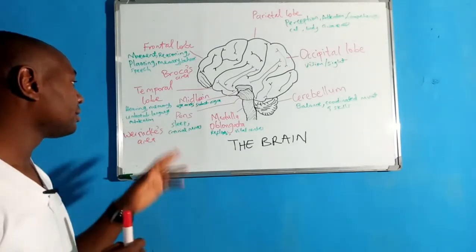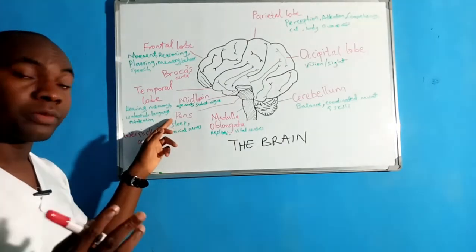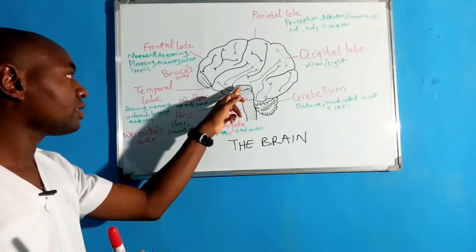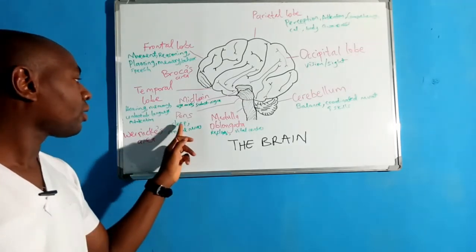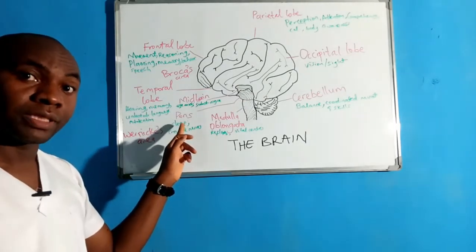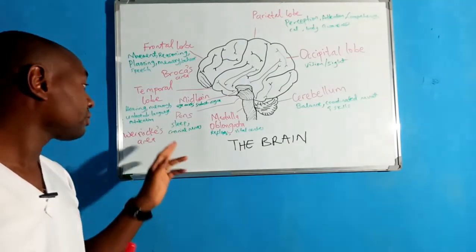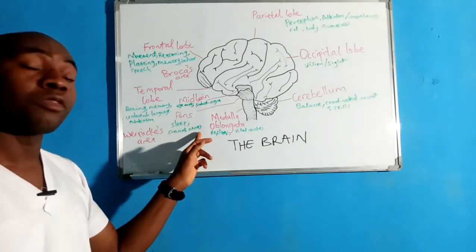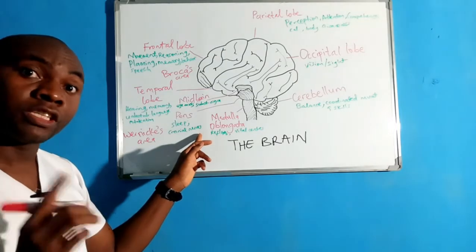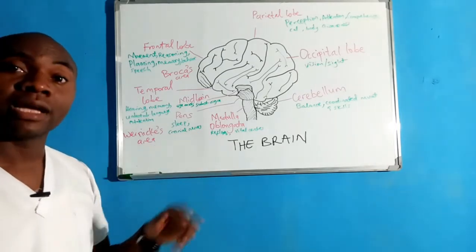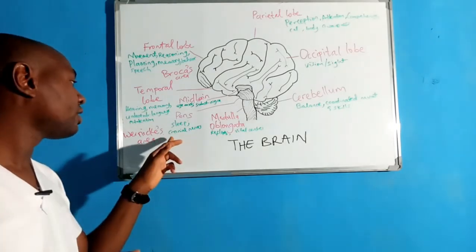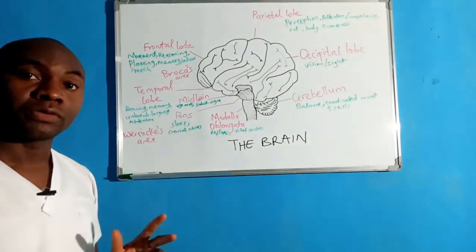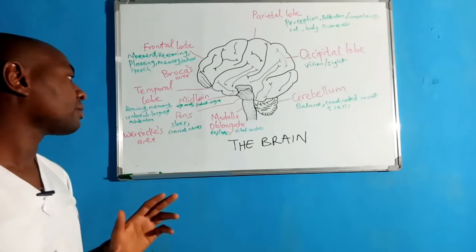Next on the list is the pons. The pons is located in between the midbrain and the medulla oblongata. The pons helps us control our sleep cycles. It also consists of some of the origination of the cranial nerves, meaning that most of the cranial nerves originate from the pons. Now, what does this imply?